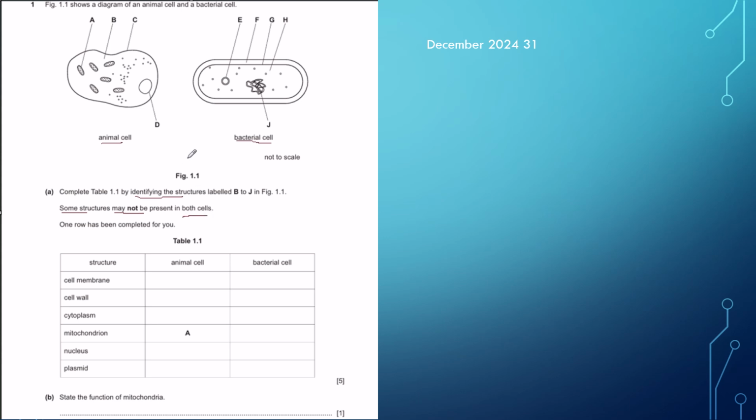These figures where we have to compare two cells are very, very common. Usually it's an animal cell and a plant cell, but in this case they spice it up by throwing in a bacterial cell.